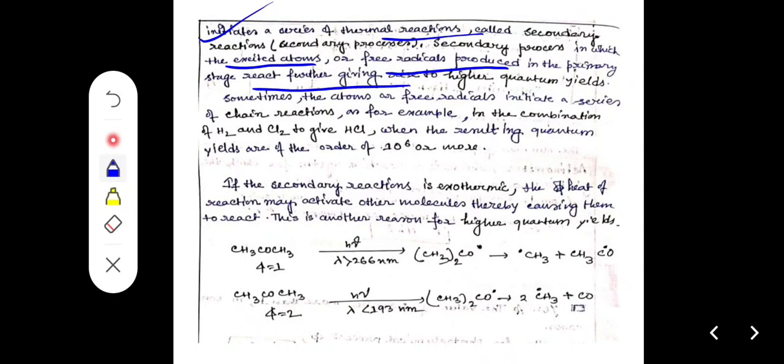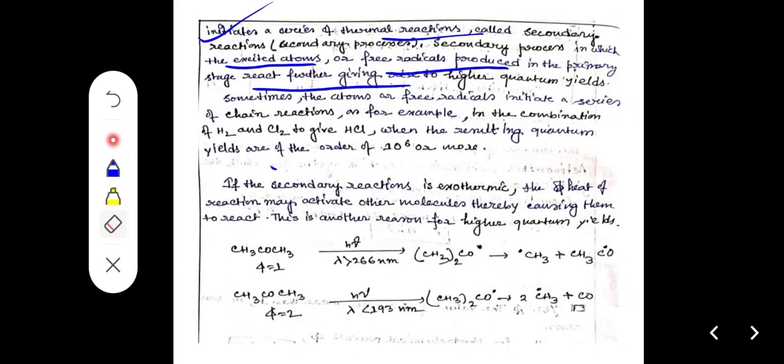In the primary stage they react further, giving higher quantum yields. If a radical is initiated and proceeds through a series of reactions, many products can form. At that time a chemical yield greater than 1 can occur.